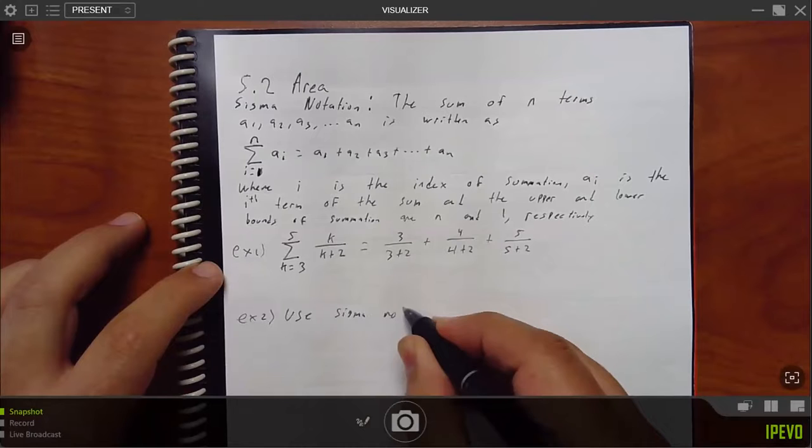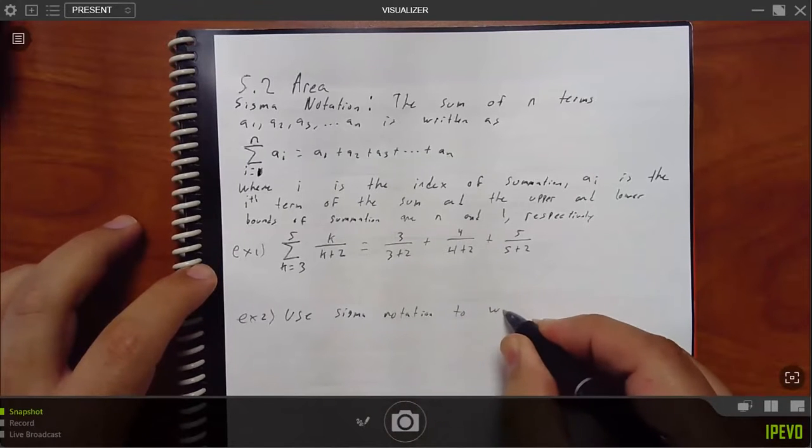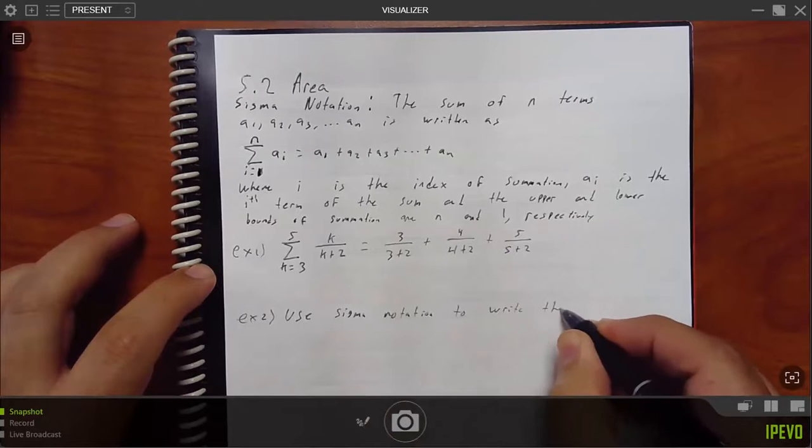Sometimes you can go the other direction, using sigma notation to write the sum.